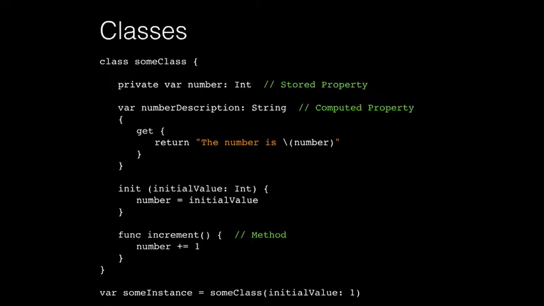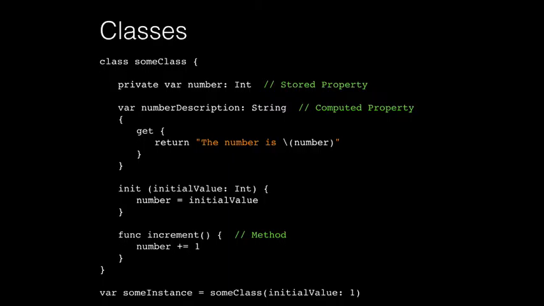So it could be a constant, like in this case, or it could be referring to a stored property, but a computed property does not have a backing store of its own. Now in C#, we would just think of this as a variable, and this would be a property. But in Swift, these are the names that you see for those concepts.